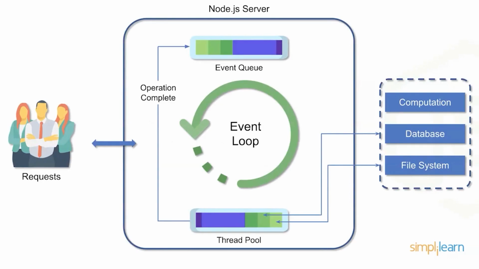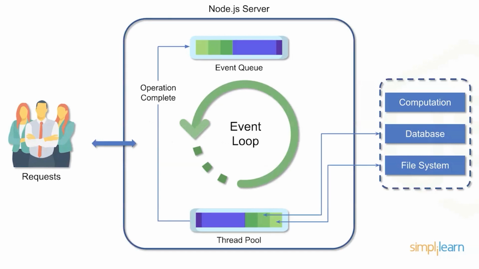So if we look at the actual Node.js server itself, everything centers around the concept of the event loop. And the event loop has an event queue, an operation completed via requests, threaded pull, and then it'll actually do the actual computation or the file system interaction.